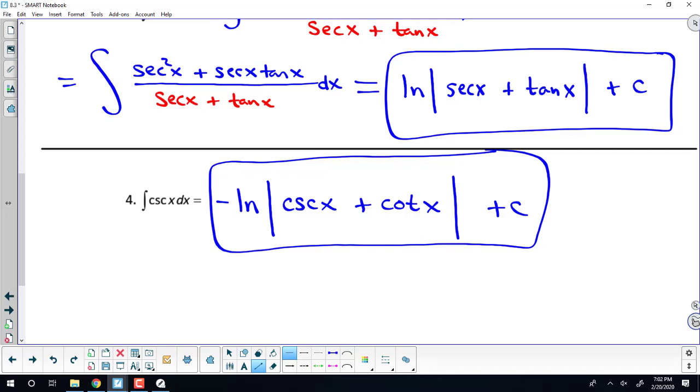So for sure know those four integrals, or at least know how we derive them.